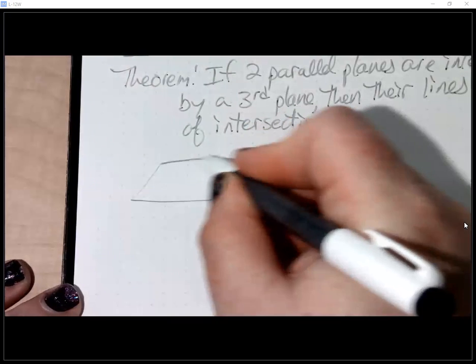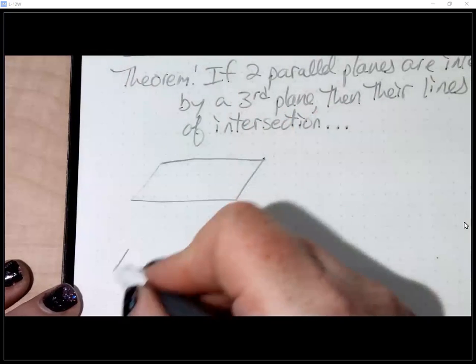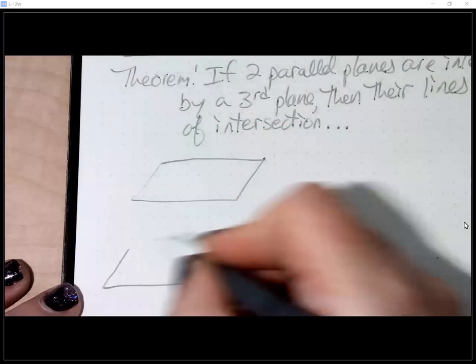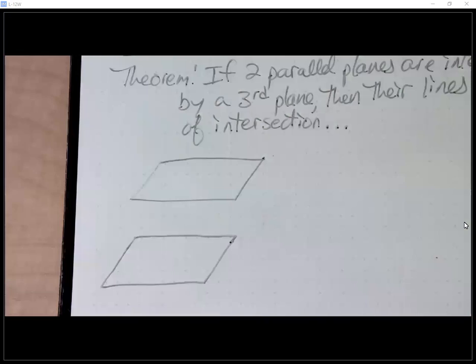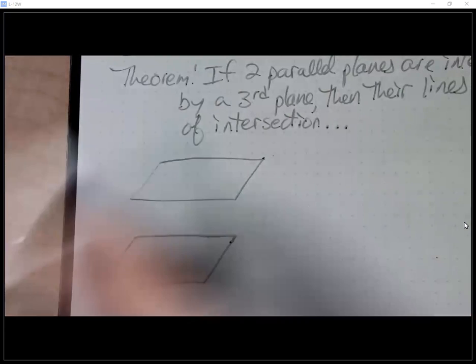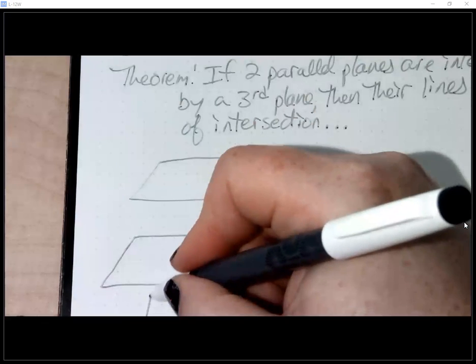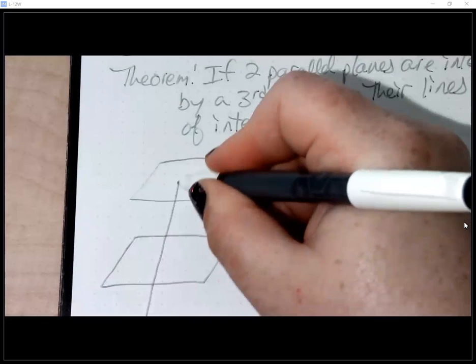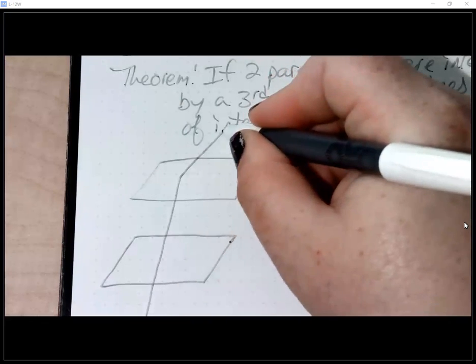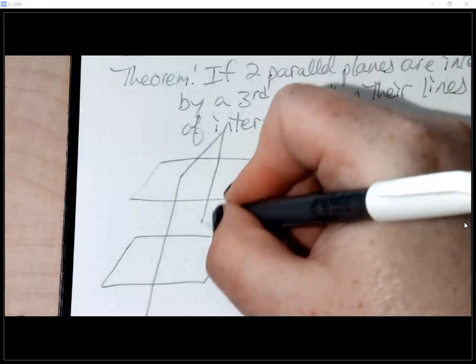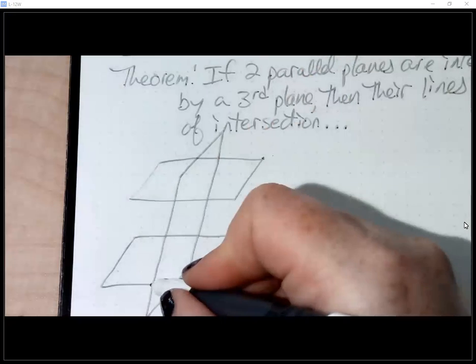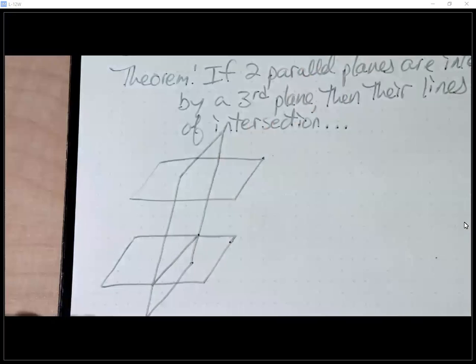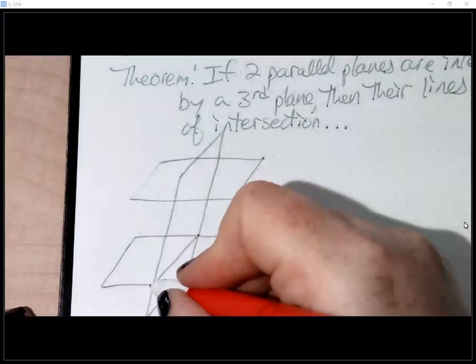So there's a plane, and then here's a parallel plane to that one. So now I'm going to try and come through here. I'm going to slice through with one that slices through. So now you've got these intersections right there. Oh, I should do it in a different color. Here's where those two meet.